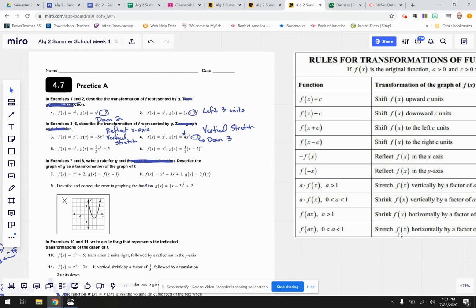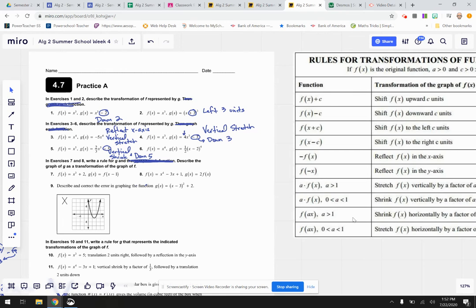Number 5. This one you're multiplying to the function, but this time you're multiplying by a number less than 1. So that's a vertical shrink. Vertical shrink means it's getting squished vertically. And then you're going to go down 5, because that's this -5 right there.